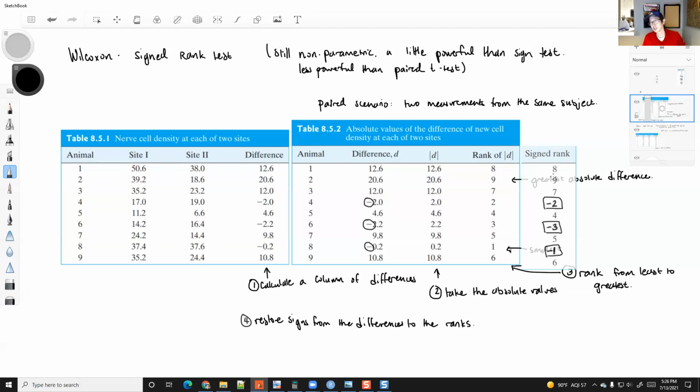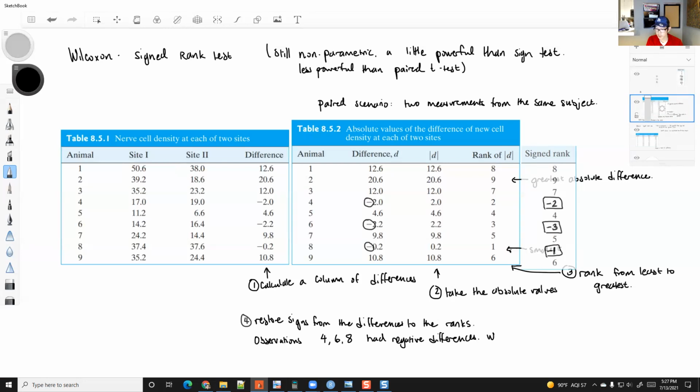Okay, so we have observations 4, 6, and 8 that had negative signs, negative differences.